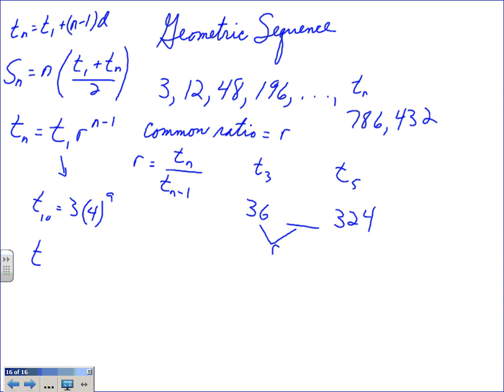Whatever the ratio is, multiply 36 times something to give me this middle number. And then I'm going to multiply this middle number by R to get 324. Correct? Yes. All right. So I have 36 times R, which is R squared, equals 324. Divide both sides by 36.